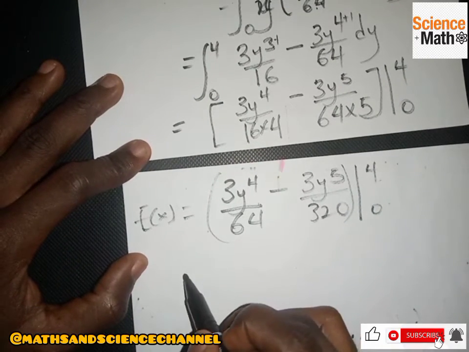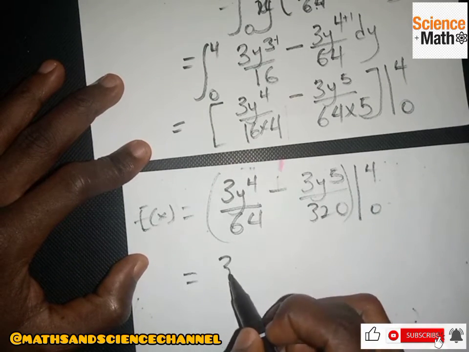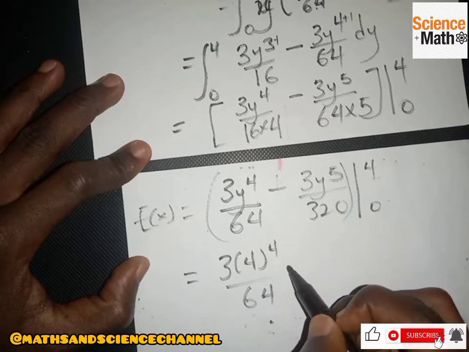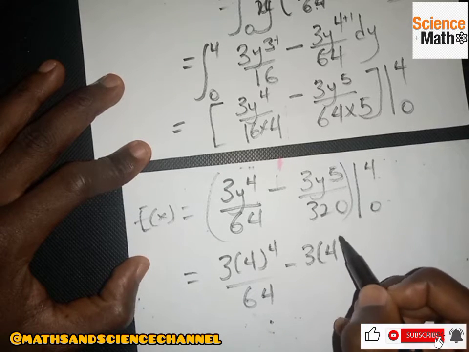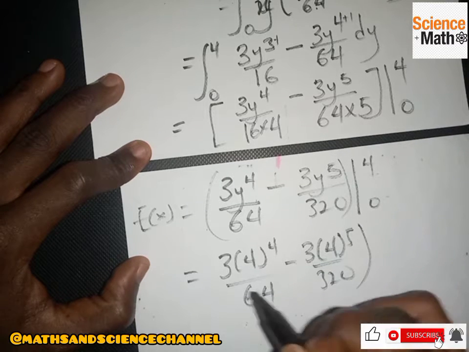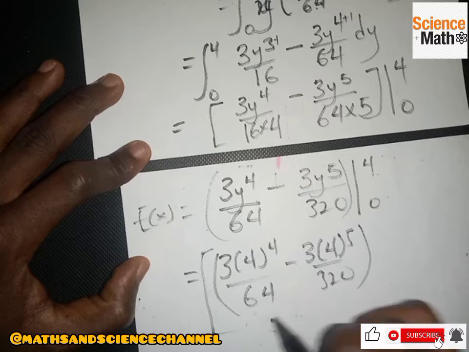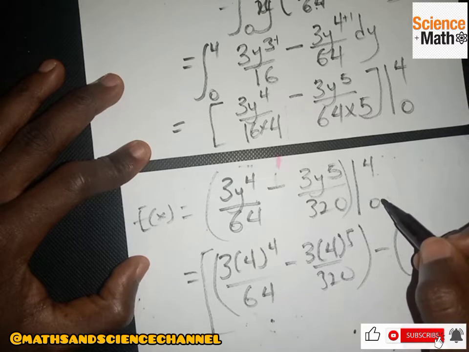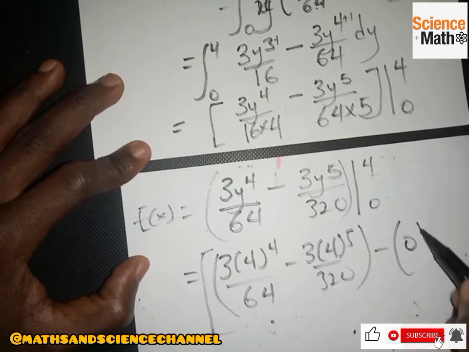From here we substitute 4 into it: 3 times 4 to the power 4 over 64, minus 3 times 4 to the power 5 over 320, and then minus the 0 part. When we substitute 0 into each part, it goes away.